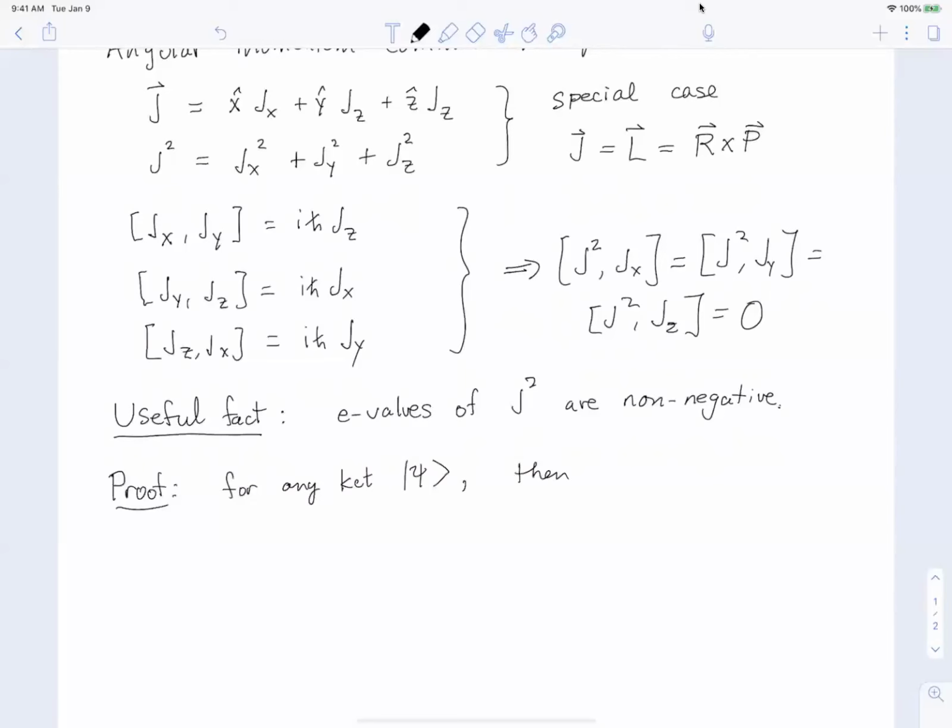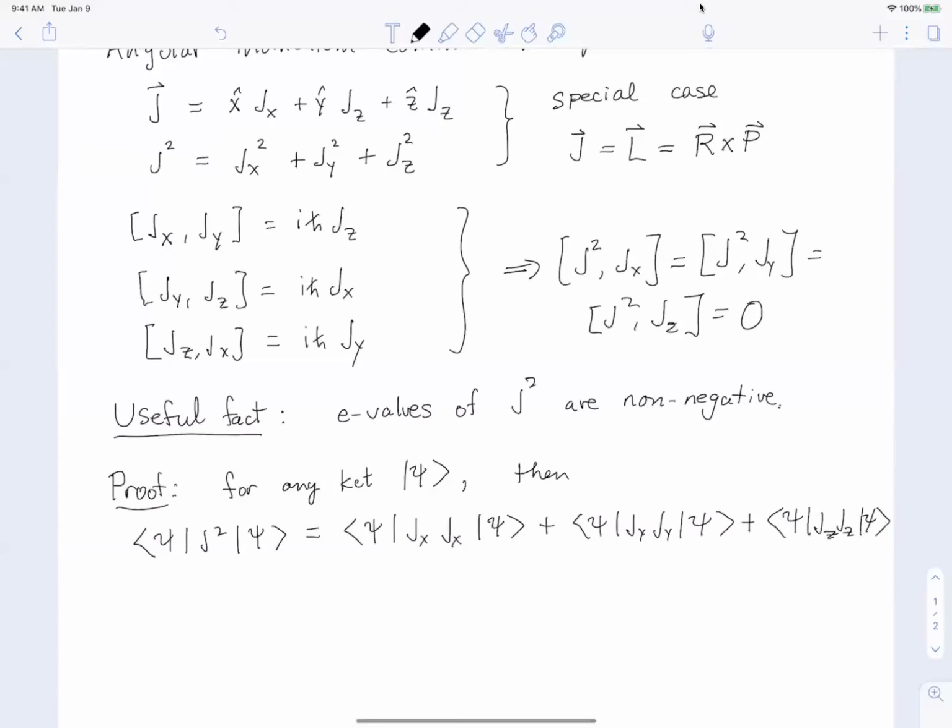So <psi|J squared|psi> is equal to, we're just going to put in the definition, and I'm going to split up the Jx's as I'm doing here, writing each operator twice, using the definition of J squared.